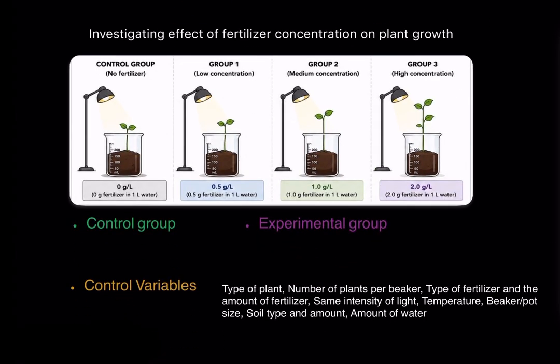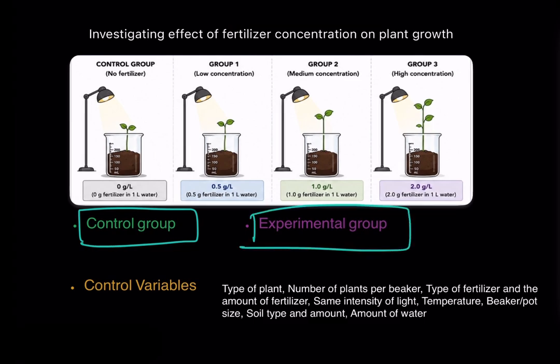Now, going ahead, this is how you would probably set up the experiment about how fertilizer concentration is affecting the height of bean plants. If you look at this experimental setup right here, we have 4 different groups, all right, 4 identical setups. What's different is the control group and the experimental group.